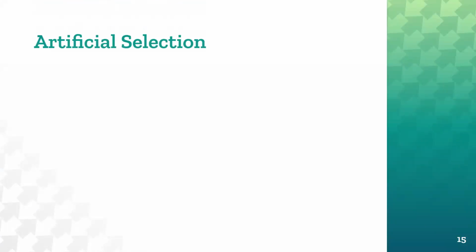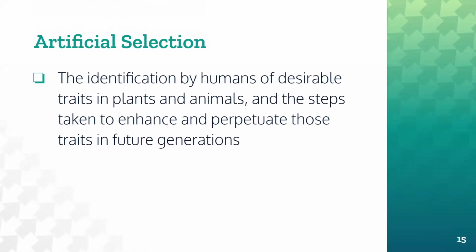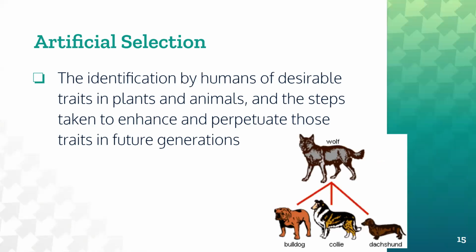Artificial selection is the identification by humans of desired traits in plants and animals, and they've taken steps to enhance and perpetuate those traits in future generations. The most common example of artificial selection is in dogs.